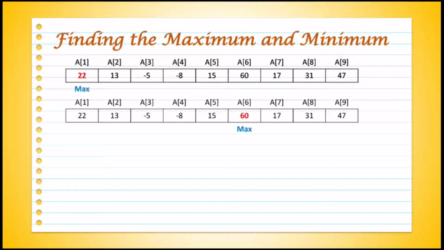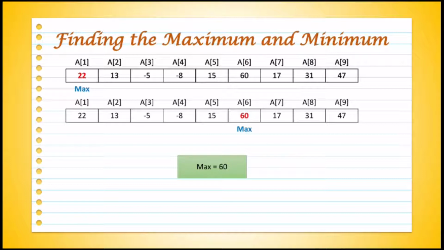So the value of max will remain as it is. Now the last element, that is 47. Is 47 greater than max? No, again the condition is false. So the value of max will remain as it is. If you see, now we have found the max value. The maximum value is 60.